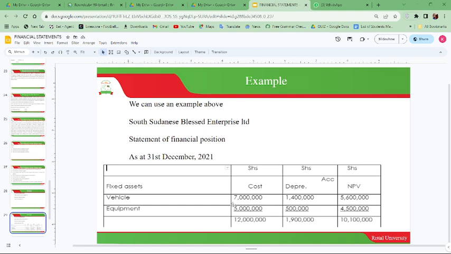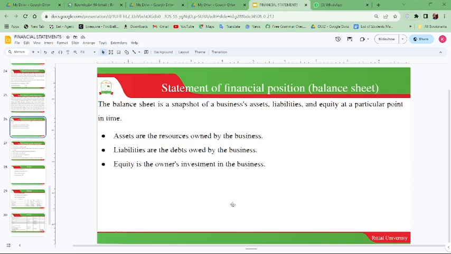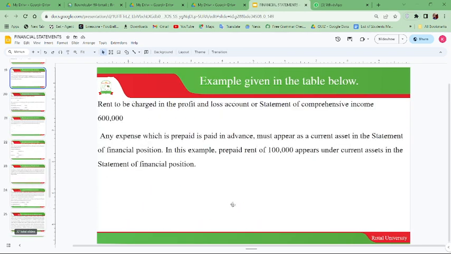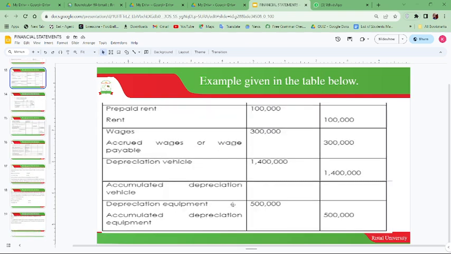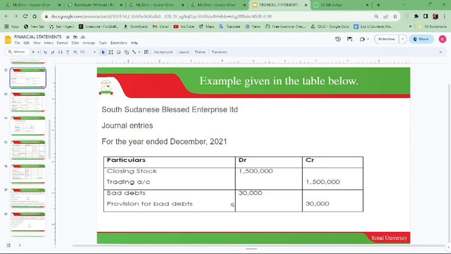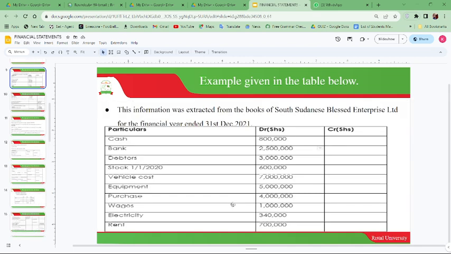Under fixed assets, we go to our question and we identify the fixed assets that were given. We have equipment, we have vehicle costs.